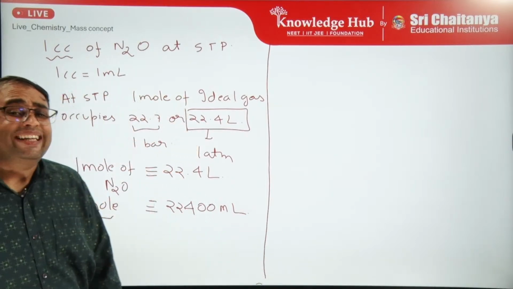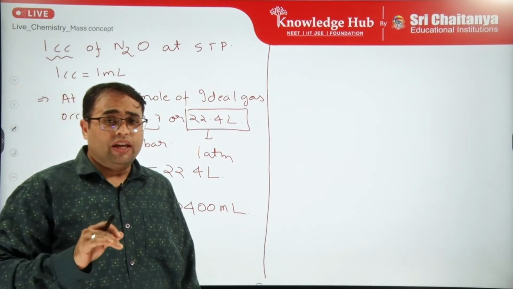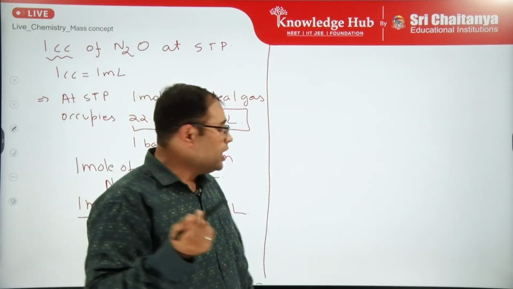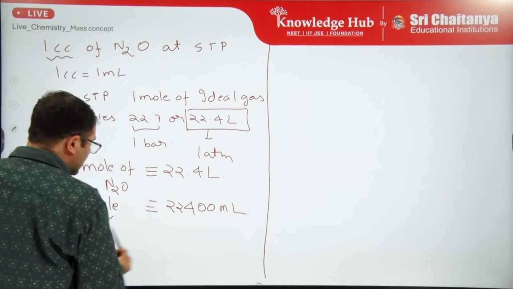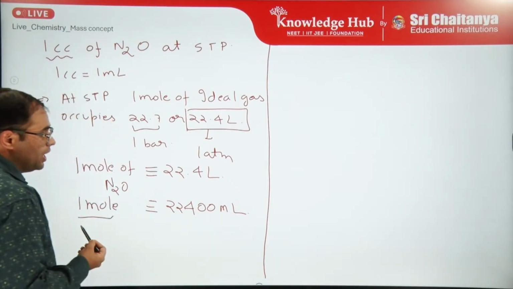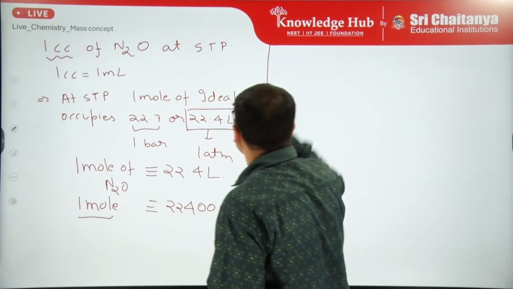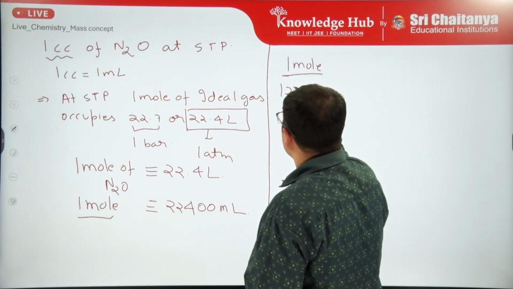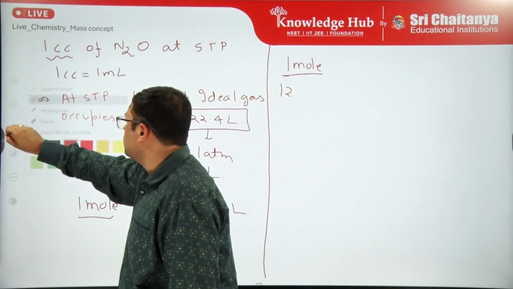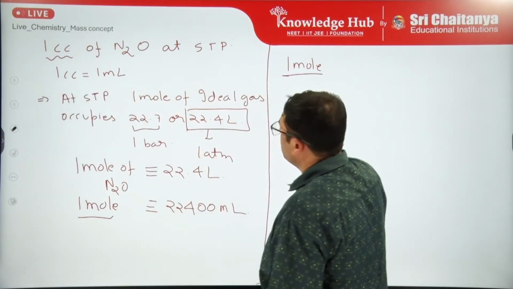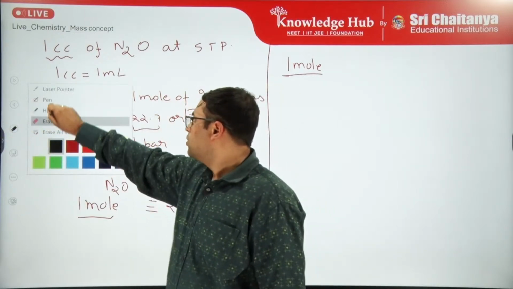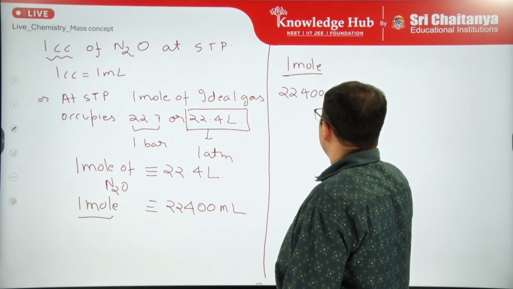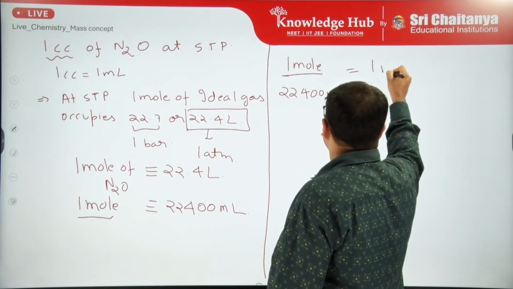Now, if I need to calculate how many moles 1 ml of N2O will have, simply divide both sides by 22,400 ml, and what you will get is 1 by 22,400 mole for 1 ml.